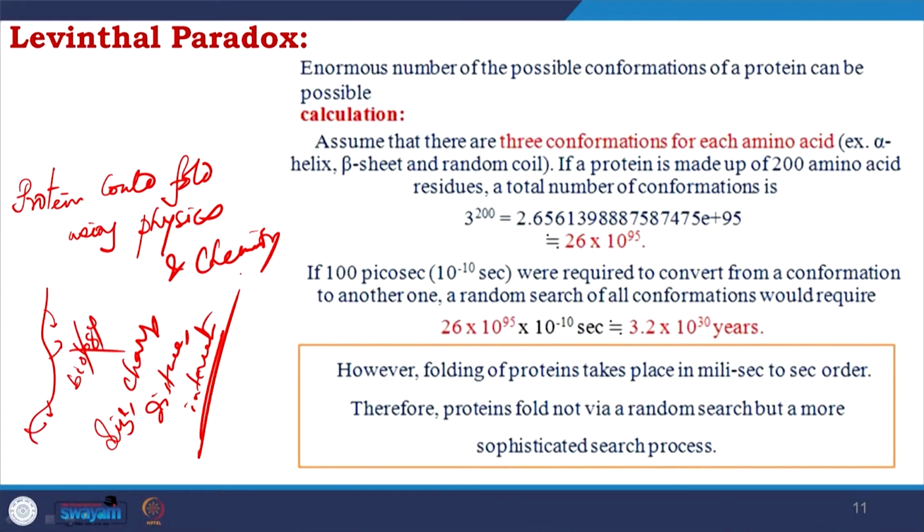What Levinthal said: assume that there are 3 conformations of each amino acid. So, if this is the amino acid, this is one conformation, you put it on right and left, you get 1, 2, 3 conformations.